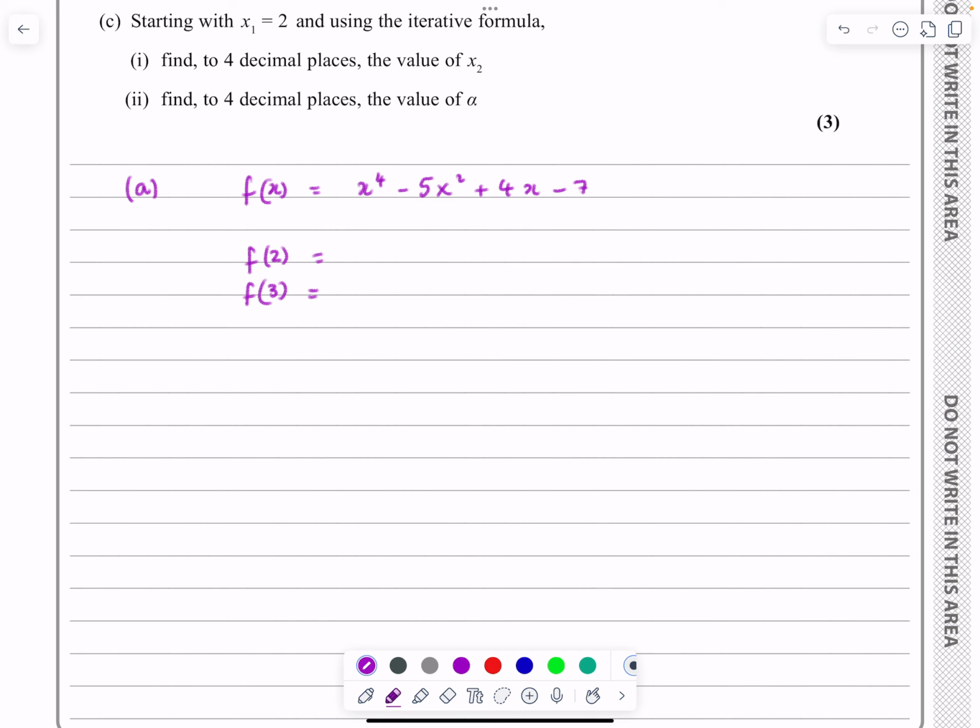So f(2): 2^4 minus 5 lots of 2 squared plus 4 lots of 2 minus 7, and that works out to be equal to minus 3. Then f(3): 3^4 minus 5 lots of 3 squared plus 4 lots of 3 minus 7, and that works out to be equal to 41. So there is a sign change.